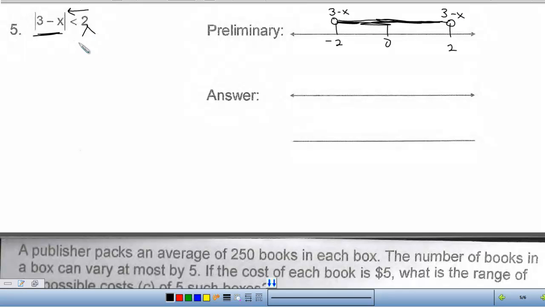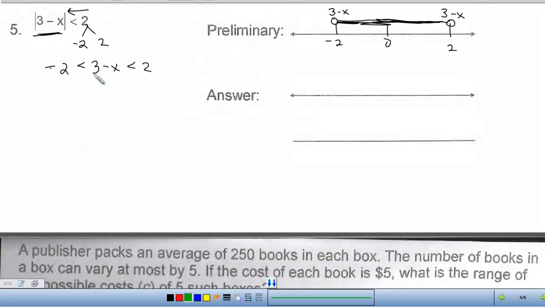I also am solving for two things, negative 2 or 2. So negative 2 is less than 3 minus x is less than 2. Because it's an in-between statement, we're going to set it in between our two possible solutions.